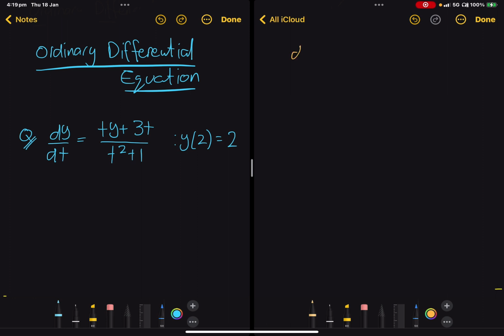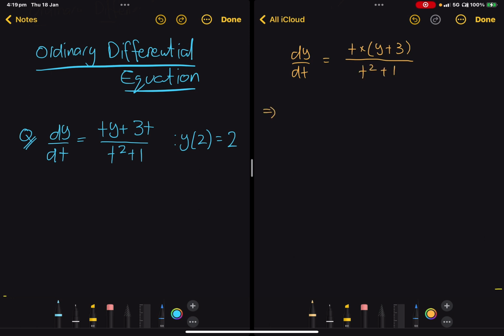So we get dy/dt, we can factor t out of the numerator. So t times (y plus 3) divided by t squared plus 1.